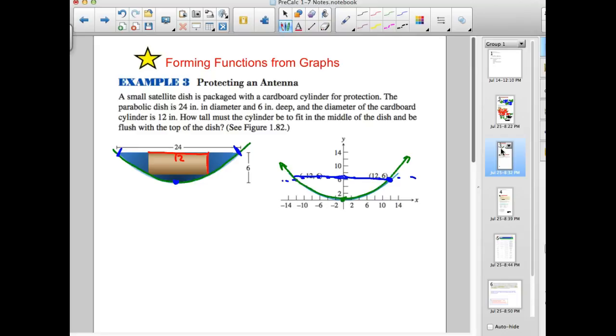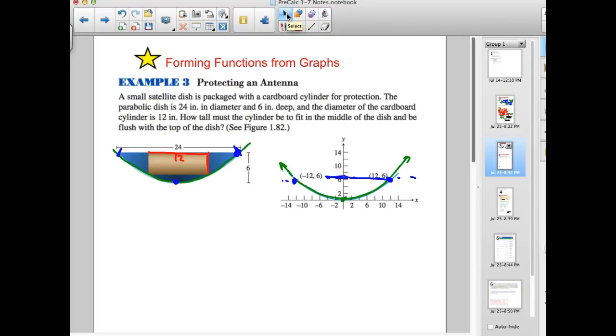We went 12 to the right, and because it's 6 inches deep, we went up 6 to have that corner. So that blue dot is this point right here. Now, we can do the same on the other side because it's symmetric. This would be 12, negative 6.